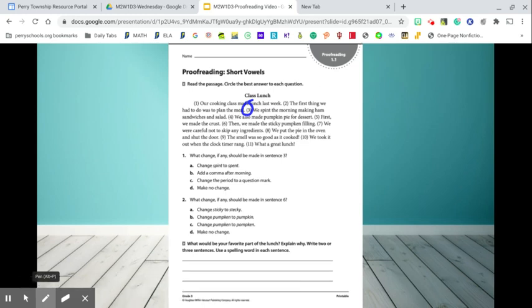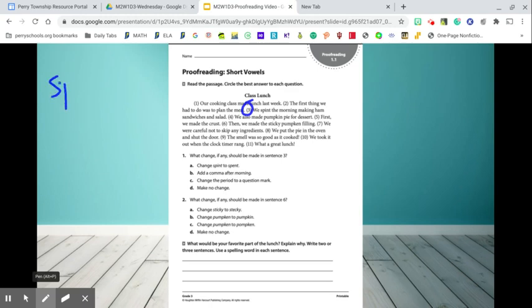Sentence 3 says, we spent the morning making ham sandwiches and salad. So I'm looking at that, and A says change spent to spent.